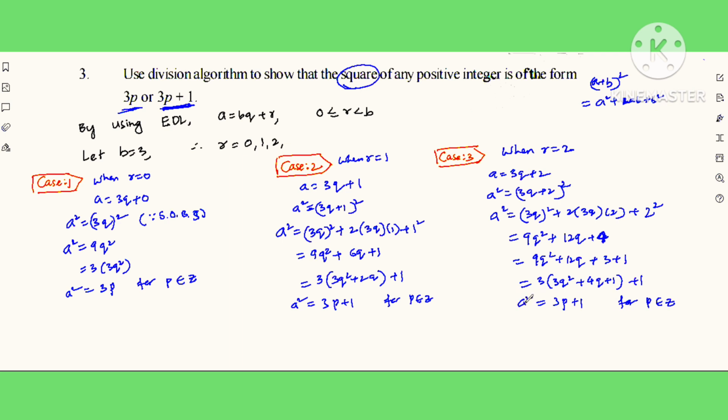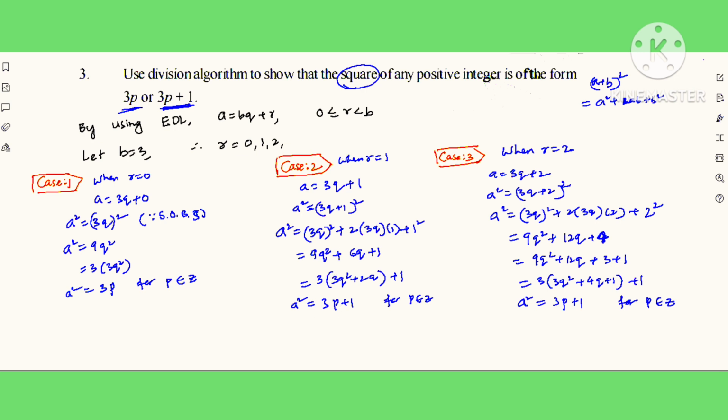Now, if you observe carefully from all these 3 cases, what we got is that the square of a number is of the form 3P or 3P plus 1, that's all, only 2 forms.